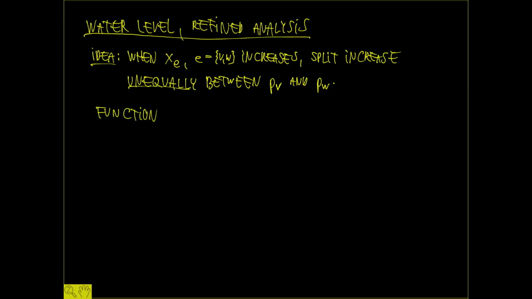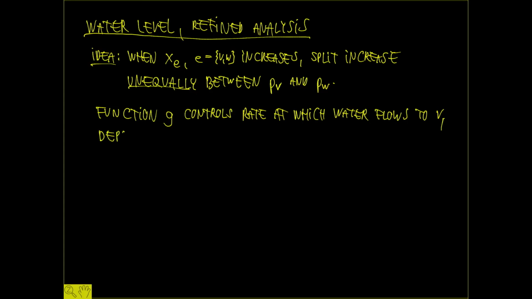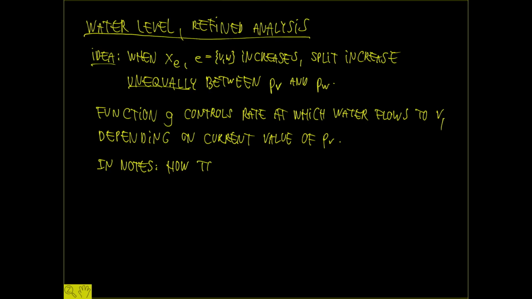And the way we are going to be splitting it is going to be controlled by a function g, which is going to control the rate at which water flows to the vertex in L, so v. And this is going to depend on the current value of the dual random variables. In the notes, they describe how they come up with a good choice of g, and I'm not going to cover that. But in the end, what they come up with is this function.